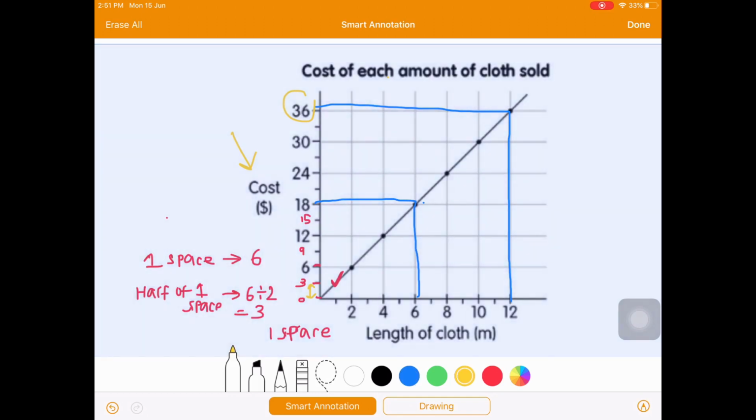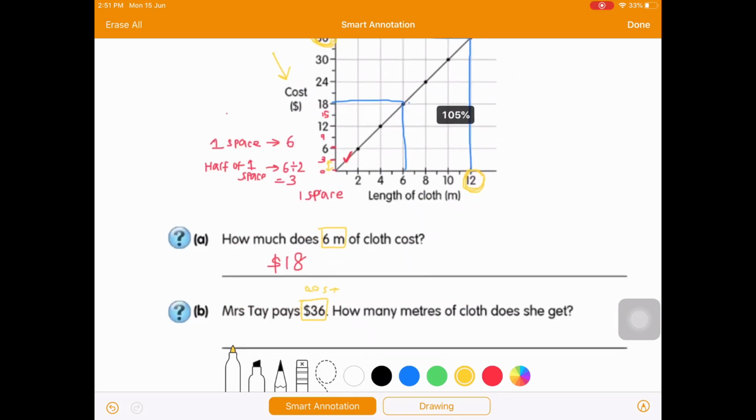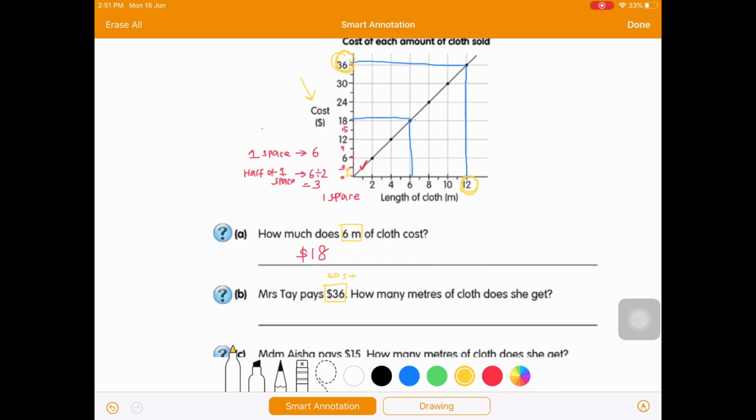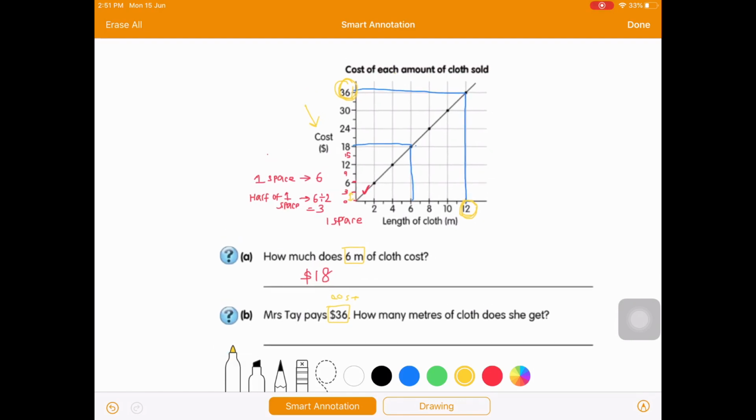So we found that with $36, Mrs. Tay can buy 12 meters of cloth. Question B. How many meters of cloth does she get if she pays $36? She can get 12 meter of cloth if she pays $36.